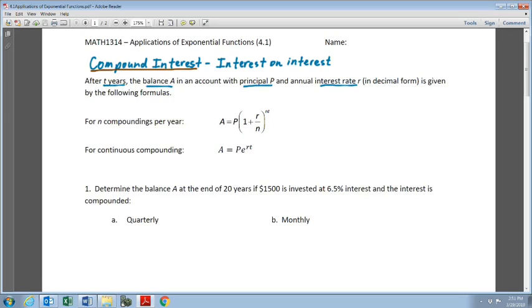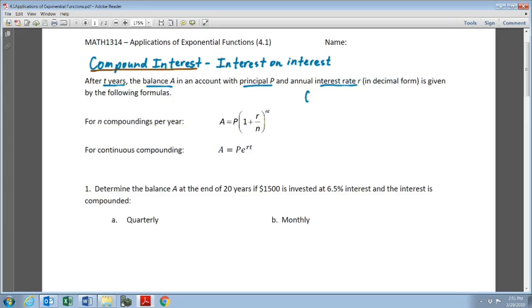And so then the next month you'll be earning interest not only on what you had to start with at the beginning of the month, but you'll earn interest on whatever interest you earned the first month. So it's this idea of interest on interest.